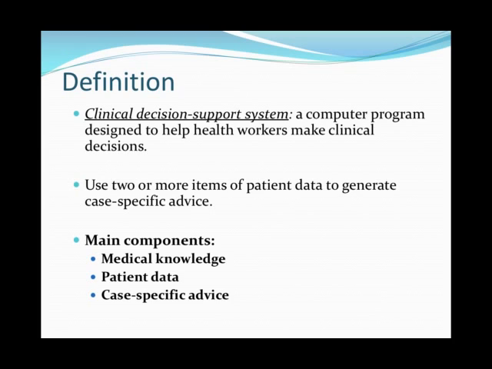What they normally do is they take two or more items of patient data to generate case-specific advice. For example, if we have a patient that is over 55 that smokes, maybe it will say you should examine the patient for COPD. That's the most basic thing.